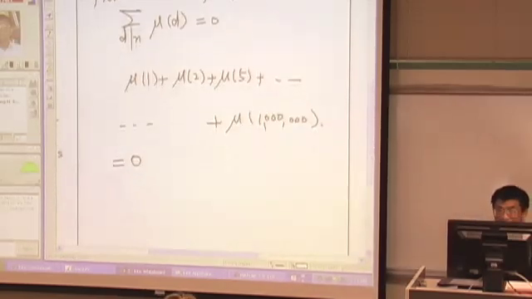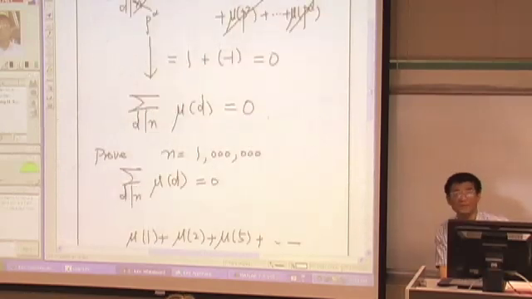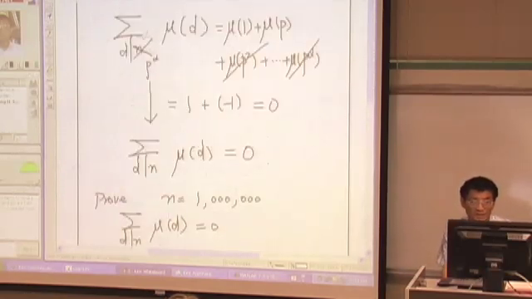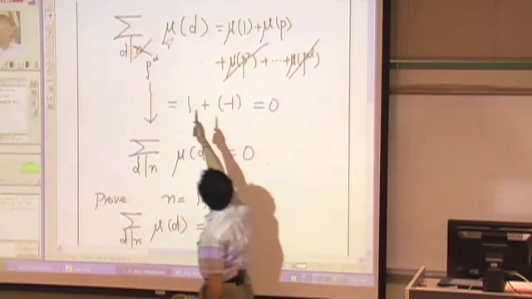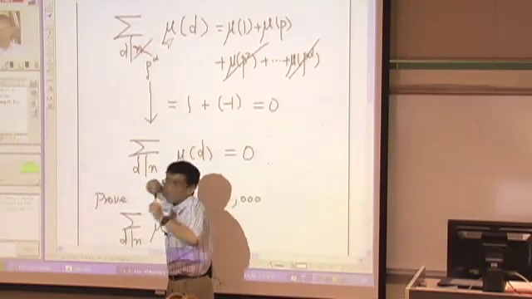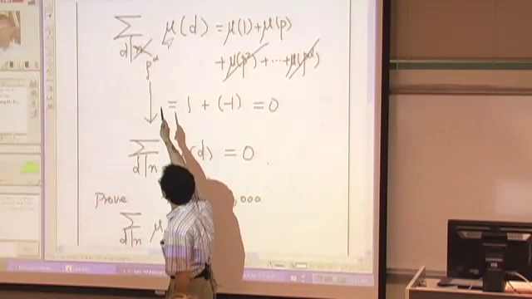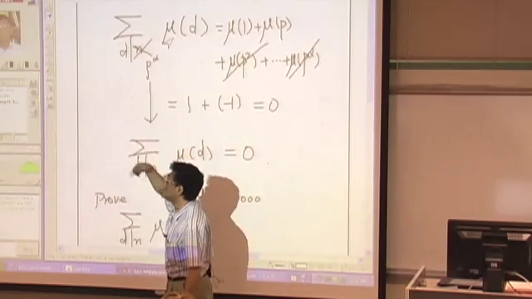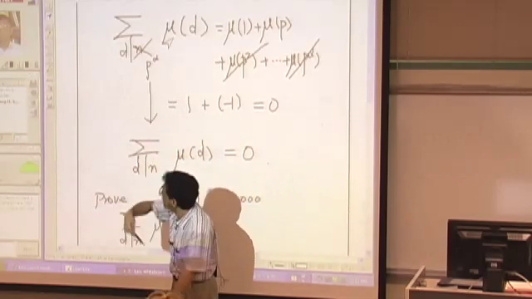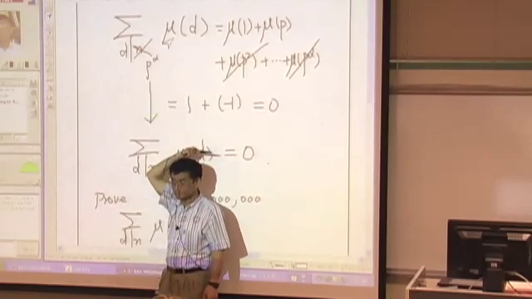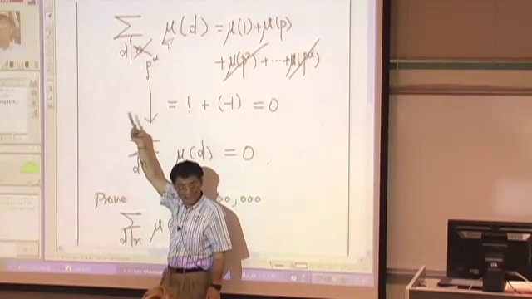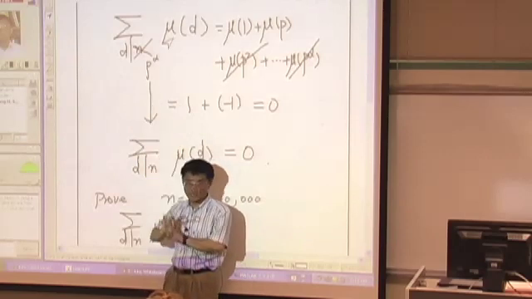In any case, I proved this thing using the fact that the function is multiplicative, and by this fact, not for general, complicated n, but for p to the power of alpha. If you did prove it for p to the alpha, then that's good enough.